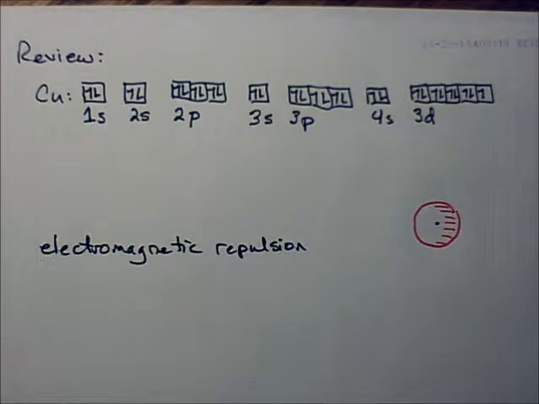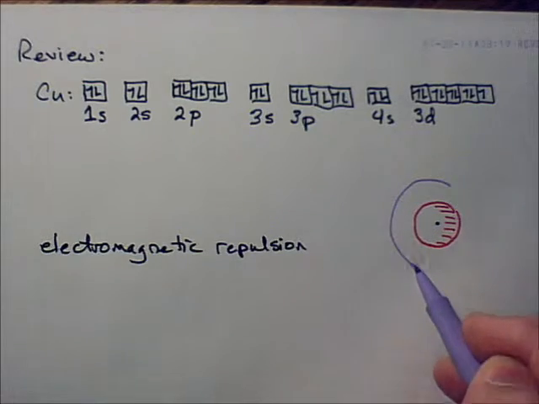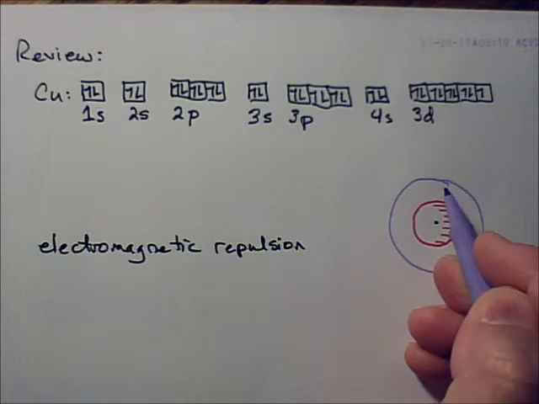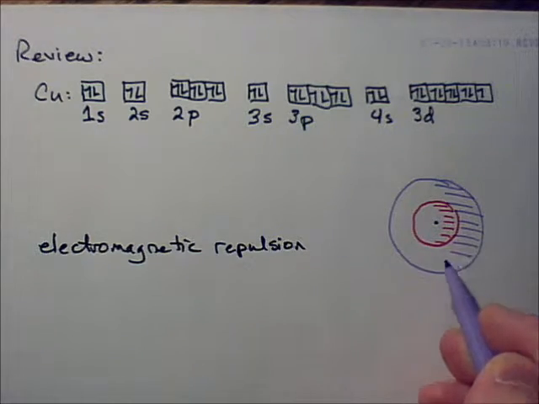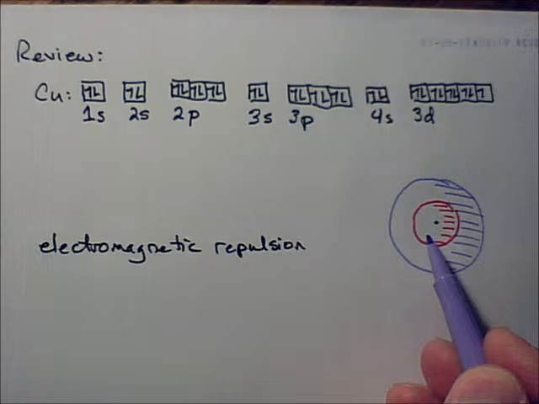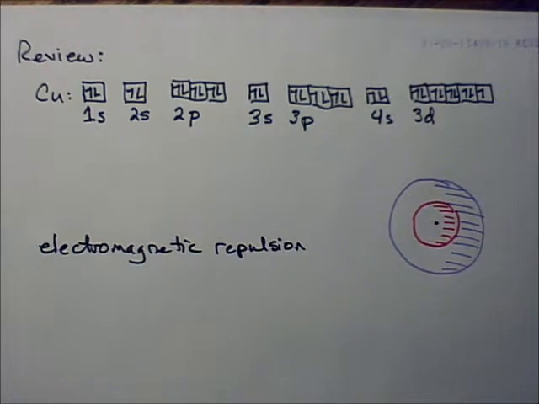Then when we get to the second primary energy level, we still have this S sublevel. That's the first one we put electrons in. So it's a sphere. I'm just sort of drawing some shading here to help you visualize that that's a sphere. So this sphere representing the first primary energy level is inside this sphere, which represents the second primary energy level.